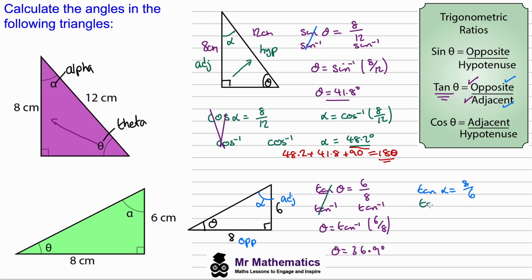We'll take the arctan of both sides. These opposites will cancel, so alpha will be the arctan of 8 divided by 6. We can work this out and we get alpha is equal to 53.1 degrees. And we can check this works again by adding up these angles, and we can see their total is 180 degrees.